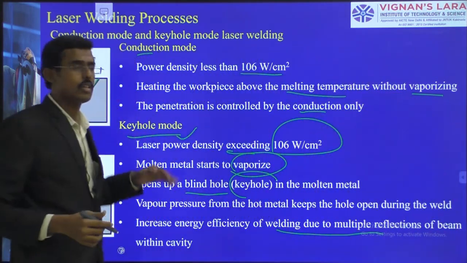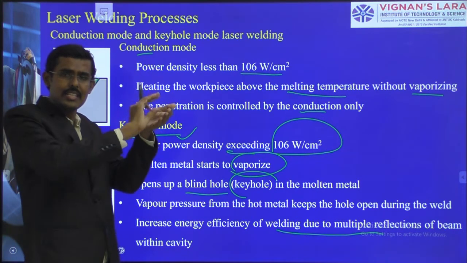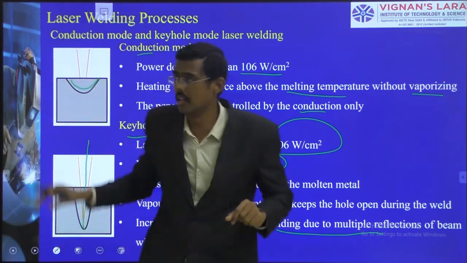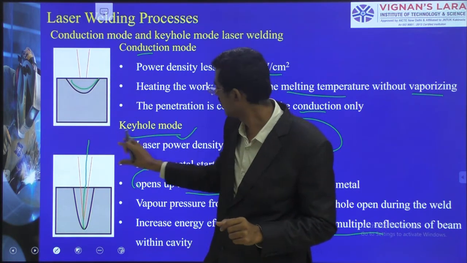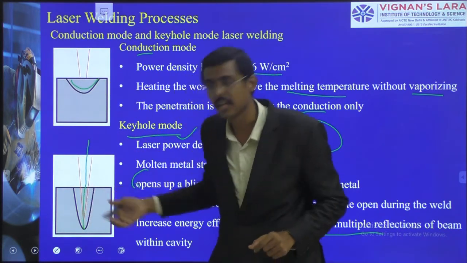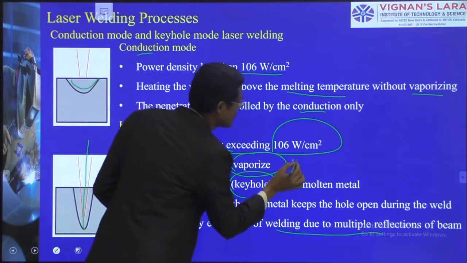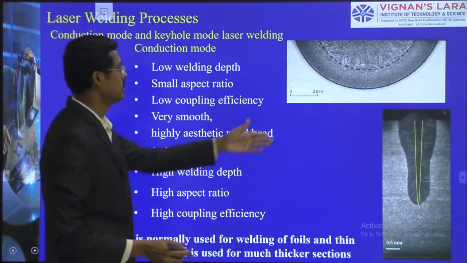So it means in conduction mode, melting and less thickness, less depth welding is done. But in keyhole welding, deeper penetrations are done with high power density greater than 10^6 watt per centimeter square. So this is how it is.